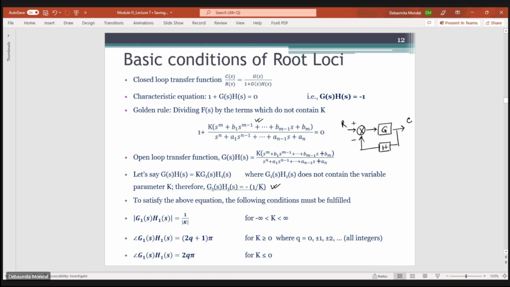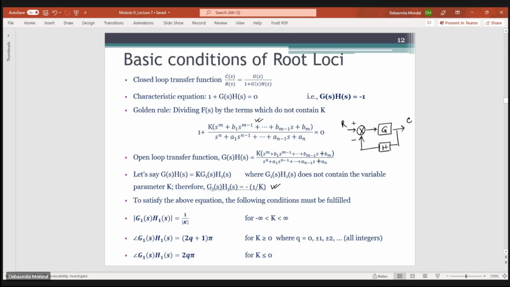The phase criterion is that the angle of G1(s)H1(s) should equal (2q+1) times pi for K greater than or equal to 0, where q is 0, plus minus 1, plus minus 2, all integer values. And for K less than or equal to 0, that is for the complementary root loci, the angle condition is that the angle of G1(s)H1(s) equals 2q times pi.